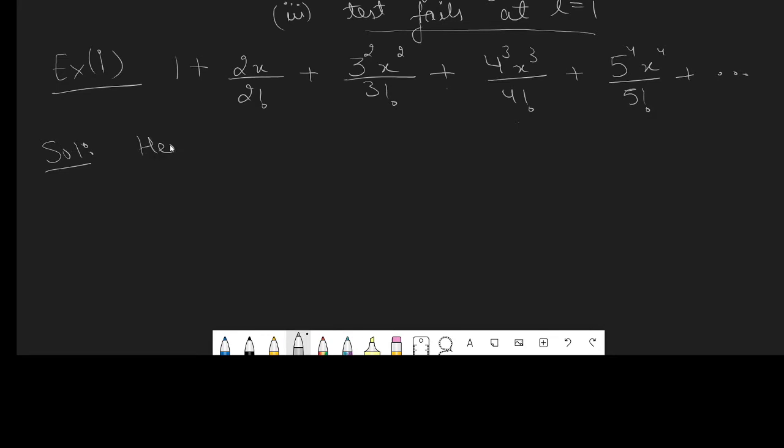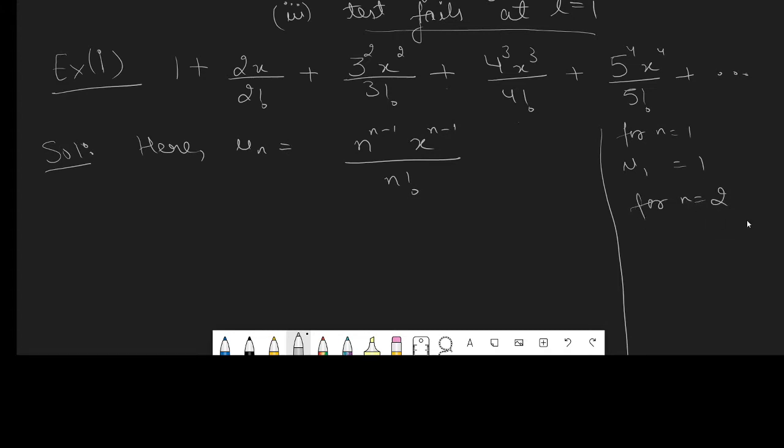So here un is equal to n power n minus 1 x power n minus 1 divided by n factorial. You can check here also that for n is equal to 1, u1 is 1. For n is equal to 2, u2 is equal to 2 power 2 minus 1 x power 2 minus 1 divided by 2 factorial, that is 2 into x by 2 factorial. Similarly, you can check for other terms also.